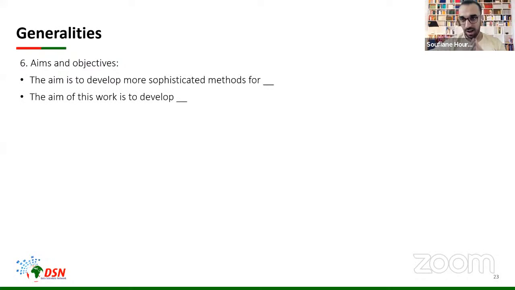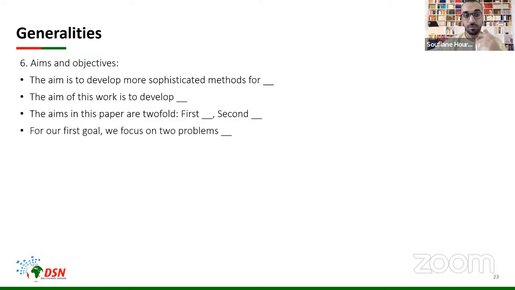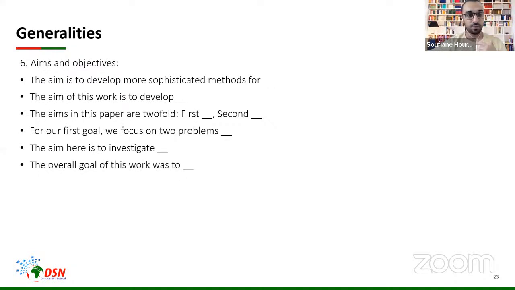Now I know that you know these phrases, because when summarizing a paper, you try to find these phrases and copy paste the paragraph that comes after. The aims in this paper are twofold: first, second, third. For our first goal, we focused on two problems. The aim here is to investigate. The overall goal of this work was to, this project aimed to, this work aims to.